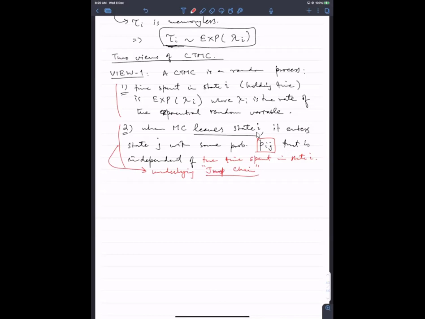It's called the jump chain. Plus you have these holding times. So CTMC is really the same as DTMC plus holding times. The DTMC is what we call the jump chain. Every continuous time chain has a jump chain hidden inside it.